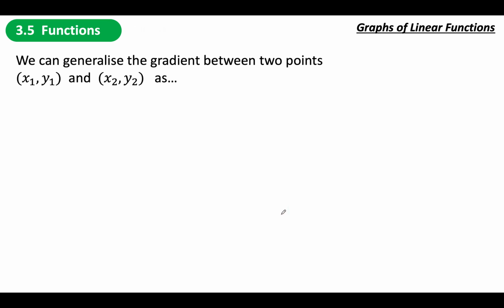Right, let's get into it. We can generalize this gradient between 2 points. Here's my 2 points, and I've used x1, y1 as my first x and y point, and x2, y2. This is just a notation thing for people that haven't seen this before. Instead of saying xy, xy, I want to show that they're different. This is the x from the first point, y from the first point, x from the second point, y from the second point.